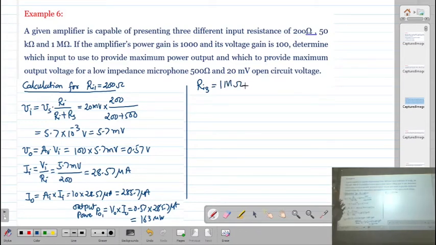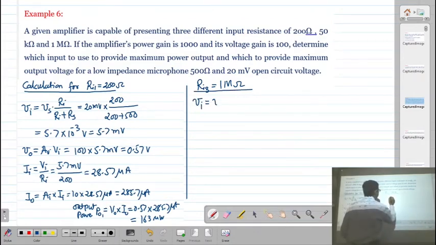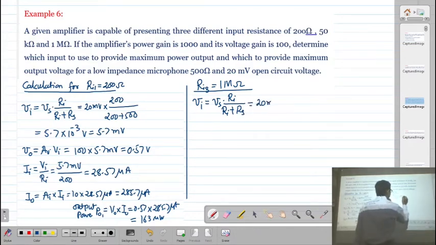Same way, we have to calculate my input voltage. Input voltage is Vs times Ri divided by Ri plus Rs, and this Vs will be 20 millivolt.